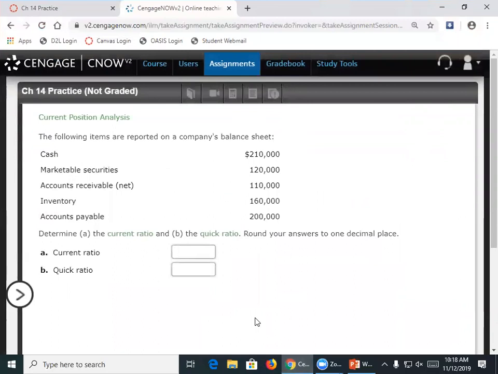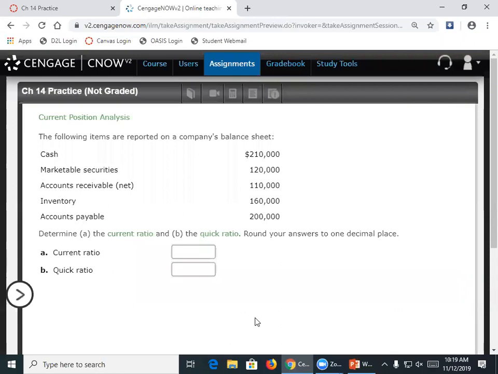So the third one on your practice is current position analysis. It doesn't have your working capital, but that would just be taking your current assets minus your current liabilities. Here they just give us a breakdown: cash, marketable securities. Marketable securities are short-term investments, so if you see marketable securities, those are a current asset, and they're also used in the quick ratio.